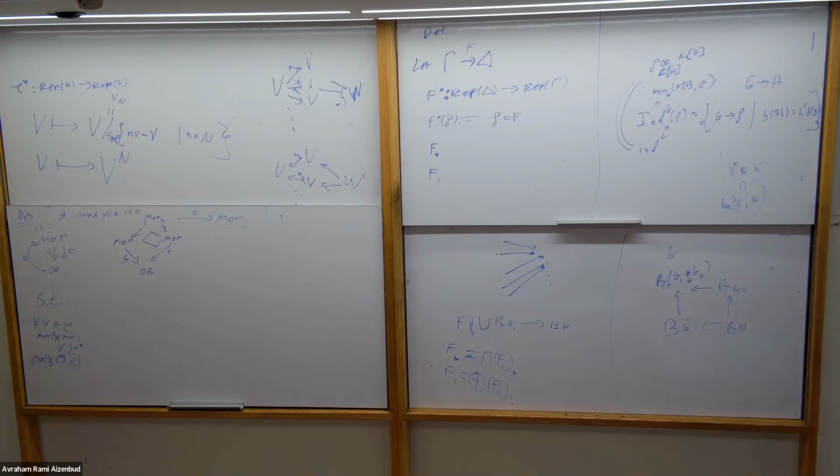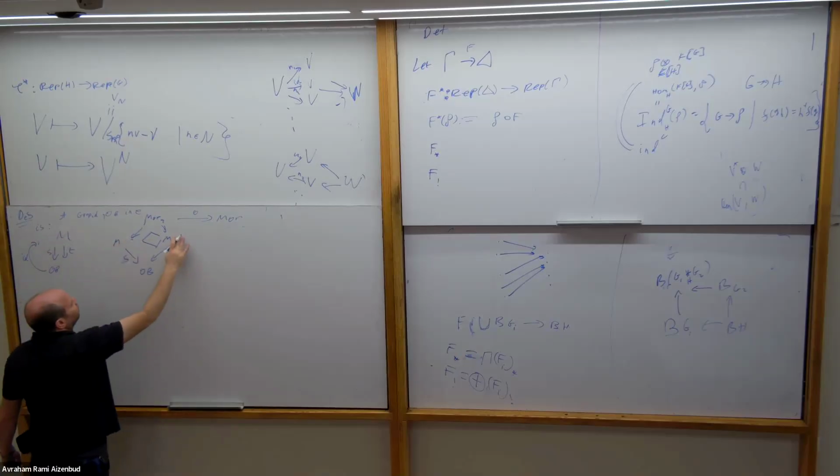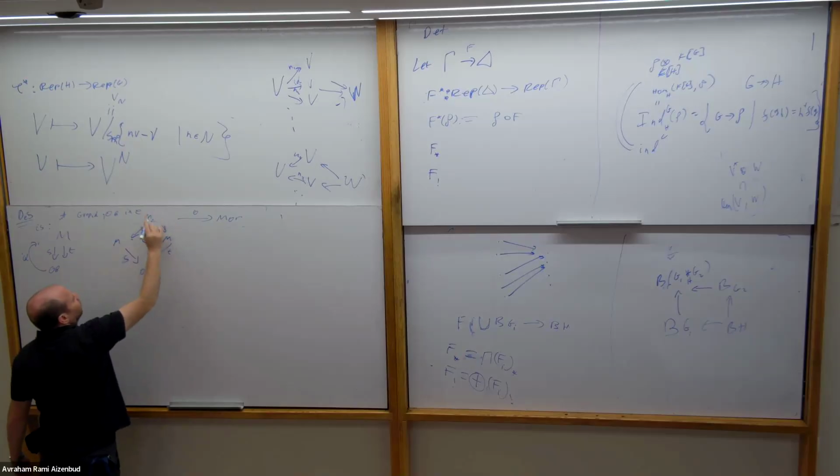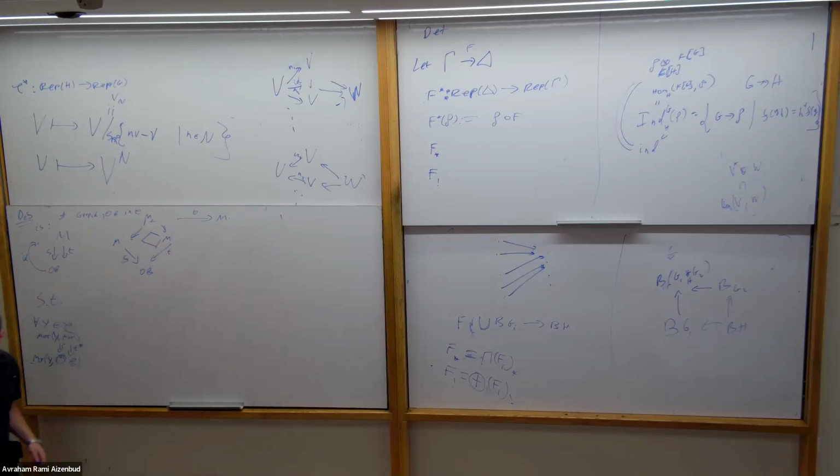So when you write Hom from Y to, sorry, how am I going to do it? Let's call it M. I don't like it, but this is Mor in the category C. So you write Hom_C from Y to M. M is your object.